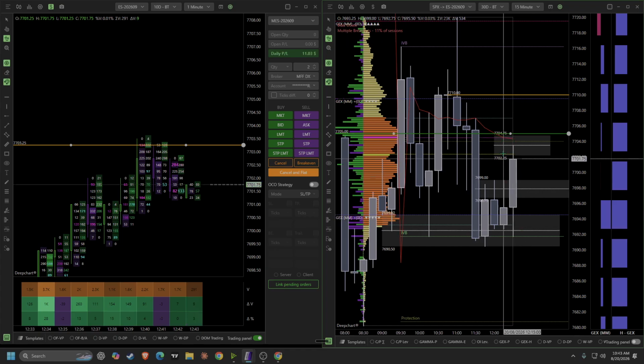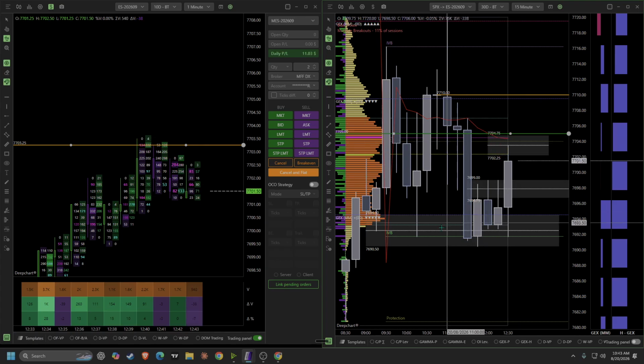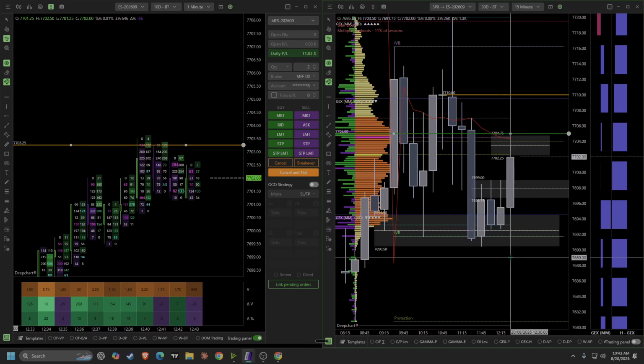Generally, this 0 GEX line acts as a dynamic resistance. So we have multiple key levels here, and we are interested in not trading anything in this zone.